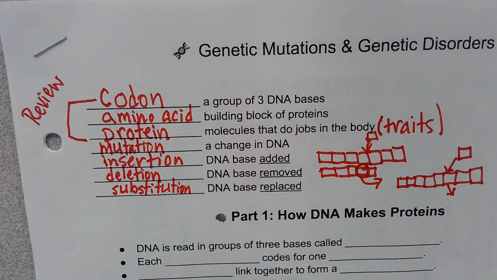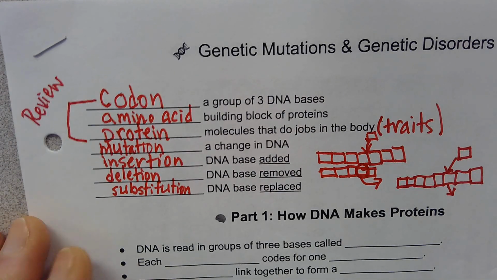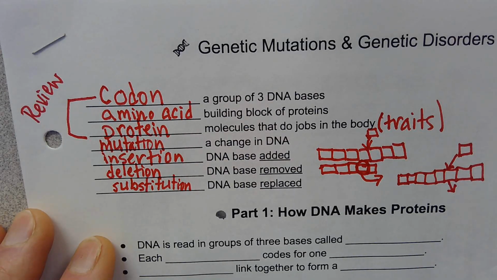So if nothing's being inserted, it still has the same number of bases. It's just switched out. When we're doing insertion, now it's got one more base. And when we do deletion, it's got one fewer base. Okay, all of them are mutations that's going to cause a different amino acid to be synthesized.